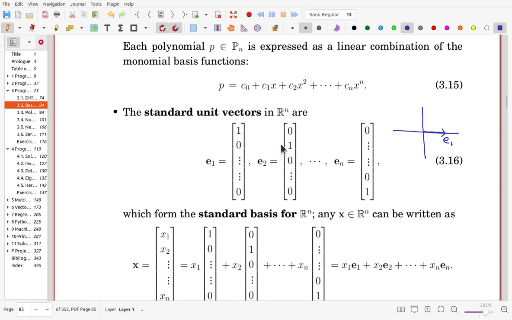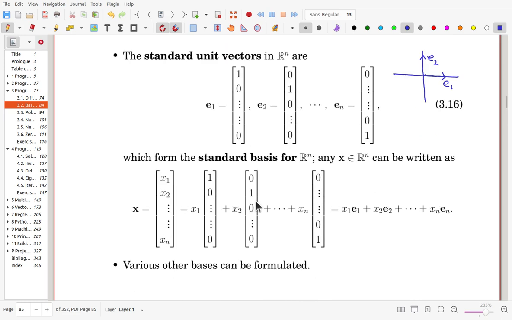And E2 has the second component 1, everything else 0. So in R2, that will be E2. In this way, we have the unit vectors, length 1 vectors, E3 and up to En. En, the last one, has the last component 1, everything else 0.